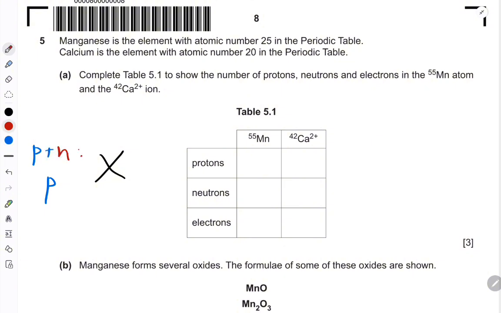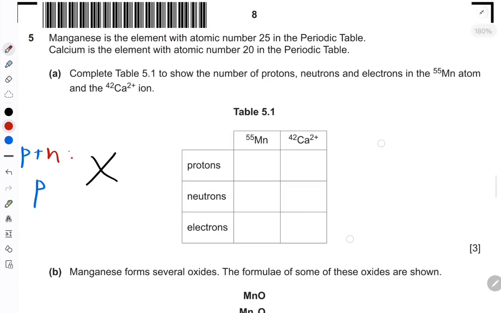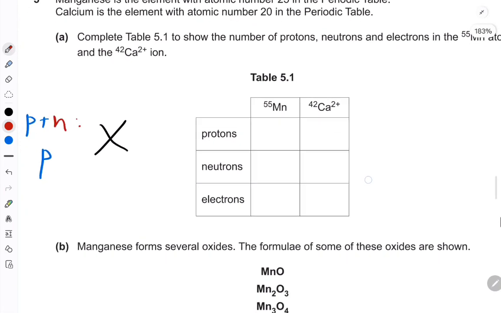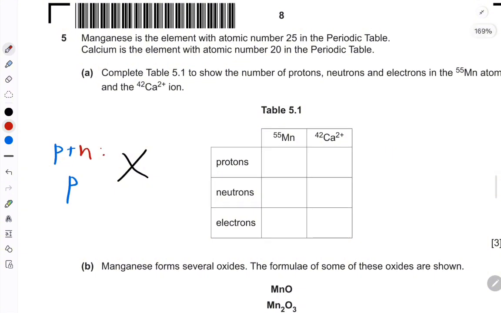For manganese we've got 55 protons plus neutrons, but they tell us clearly that manganese has an atomic number of 25. So this would be 25. Then protons plus neutrons is 55. All we have to do is 55 minus 25, and we get 30 for the number of neutrons.